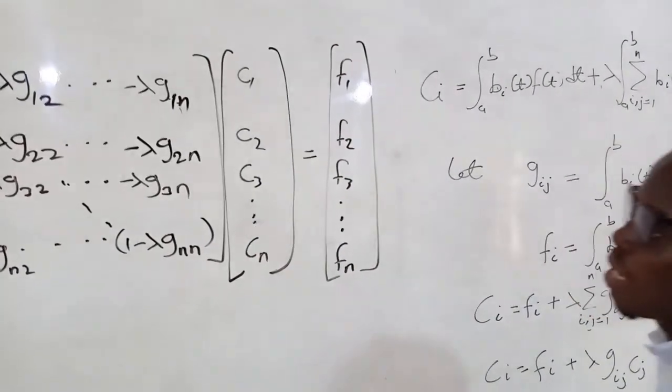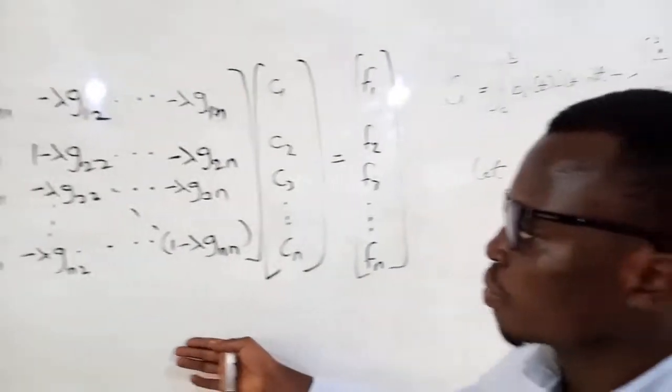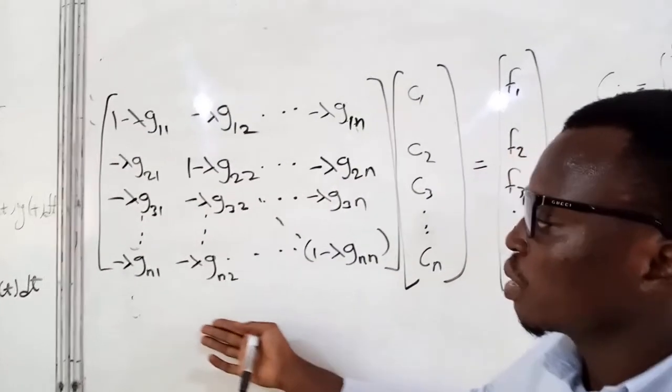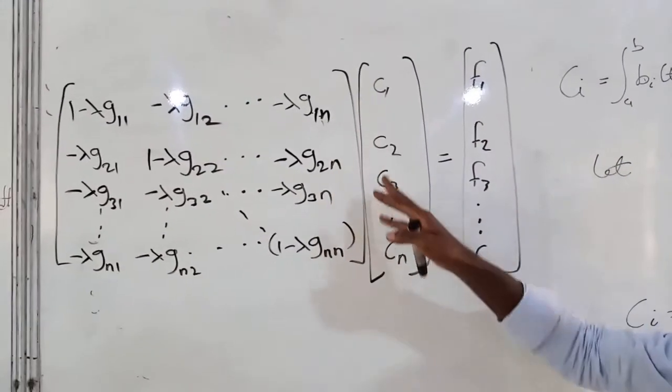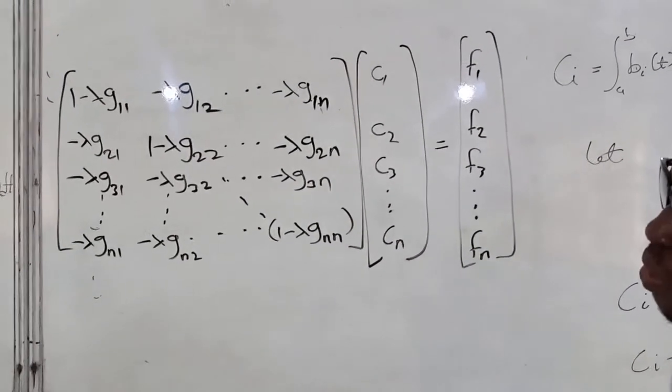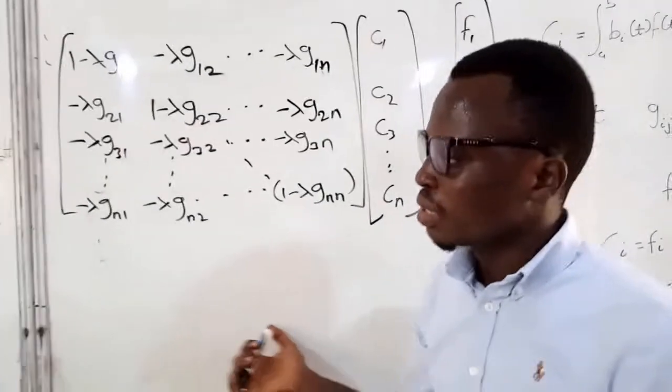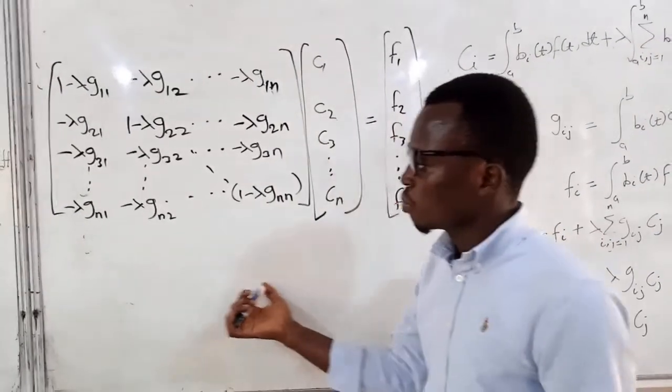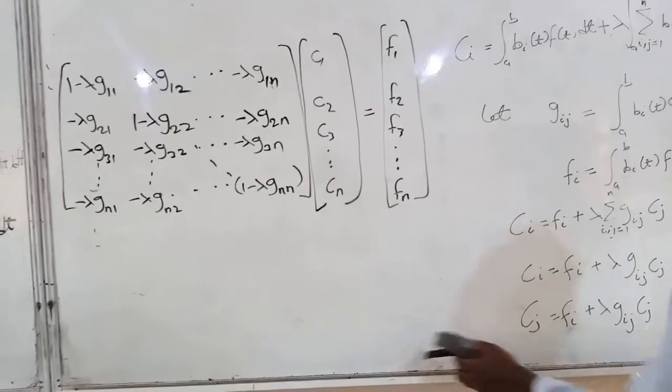So this is a system of equations. You can easily solve this to find the unknowns c1, c2, c3, up to cn. You can use any method, but let's use a suitable one, which is known as Cramer's rule.